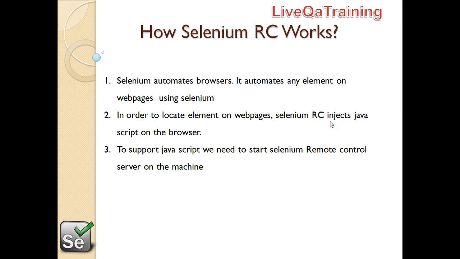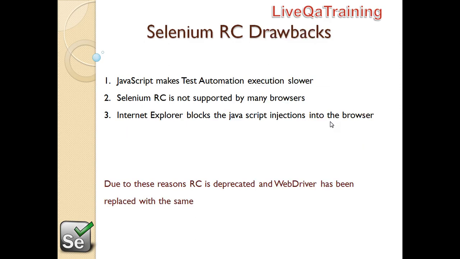But nobody is using RC as of now because it has been deprecated, because of these reasons. Why are we going for Selenium automation, Praveen? Because I want to make things fast. What's the point of making it slow? If it is slow, we can do it manually itself, right? If you look at the first point, JavaScript makes test automation execution slower.